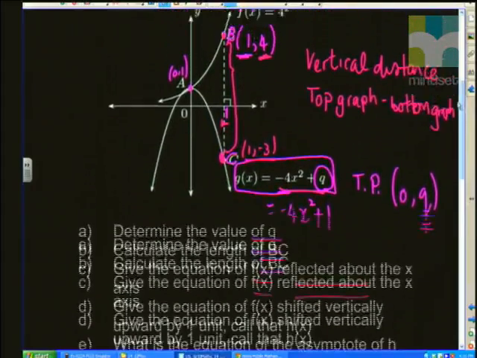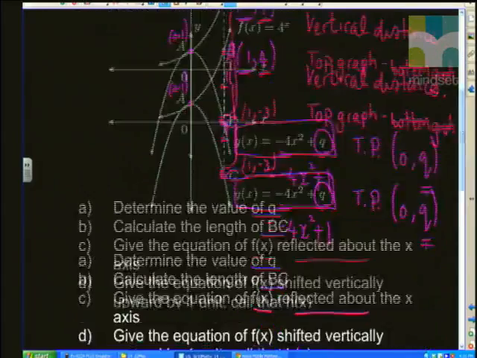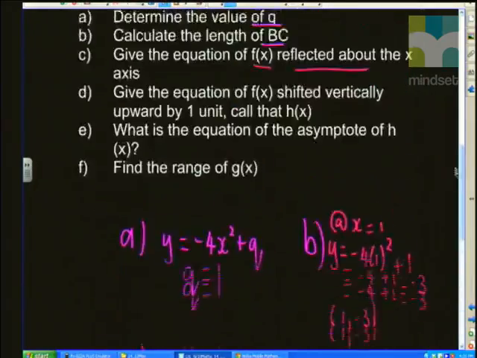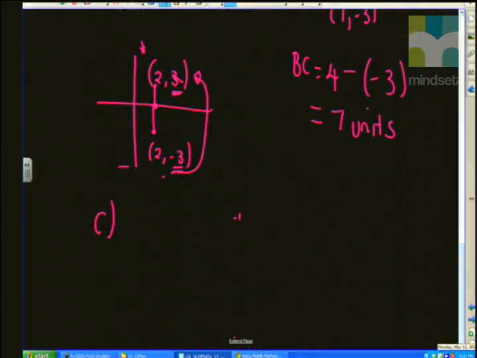So f of x is your graph 4 to the power of x. Now the reflection. Did they ask us to call it anything specific? No, they just said give the reflection. So the reflection, on the x-axis, is going to be y is equal to negative 4 to the power of x.